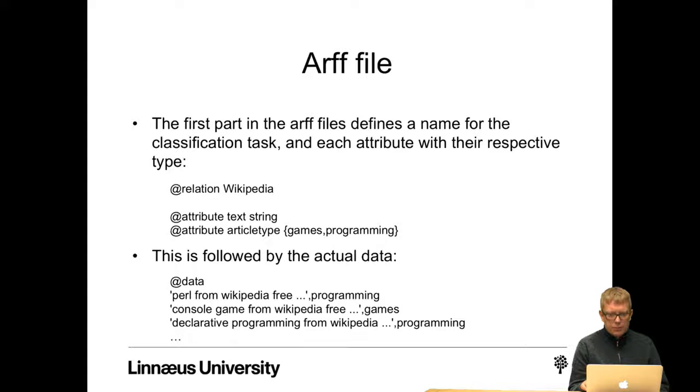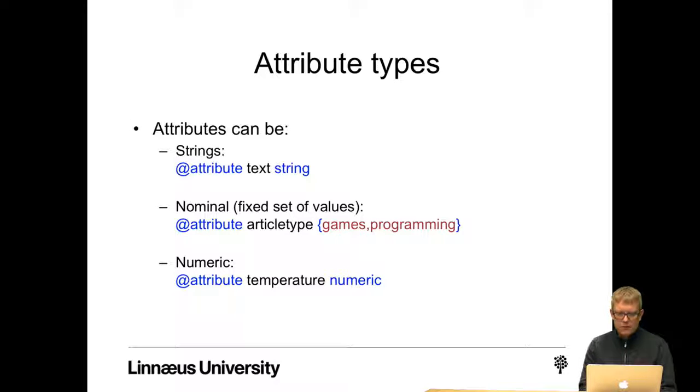The attribute types that Weka supports are string, that's text; nominal, that's a fixed set of values. In this case, the article type is nominal, and then we add the possible categories, games and programming. Or it can be numeric. The attribute temperature is numeric in the weather dataset.